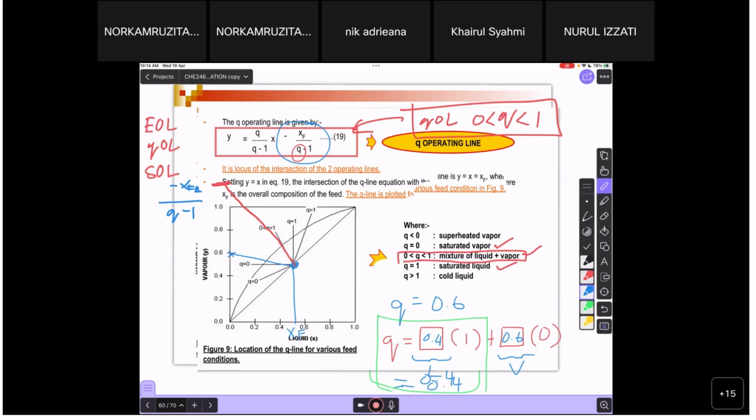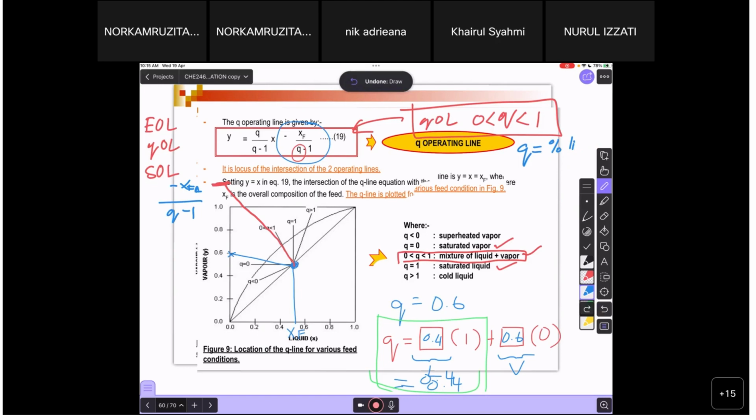You get the value of Q for this operating line from the formula: Q equal to the percentage of liquid in the mixture, the percentage of the liquid in the feed, multiplied by... sorry.